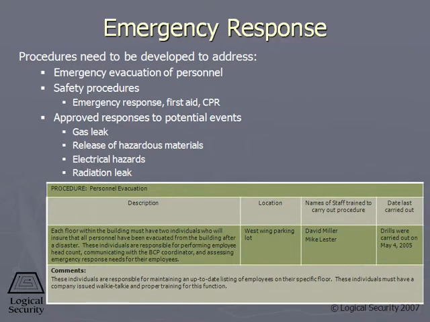That needs to be laid out before waiting for something bad to happen, and how to deal with different situations. Maybe there's a gas leak, or a fire. So somebody has to be responsible for understanding how to deal with these different emergency situations.